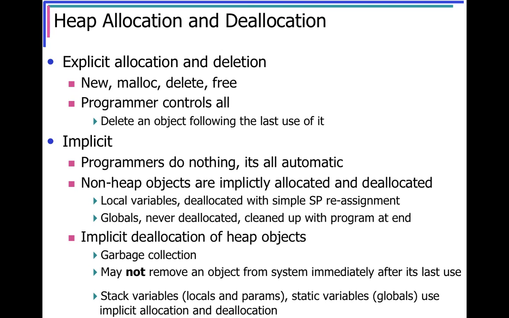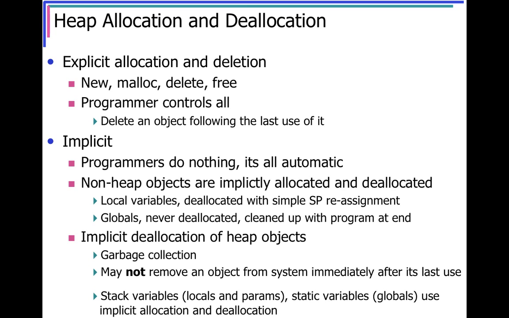Non-heap objects are implicitly allocated and deallocated when they're local and when they're global. Global variables are allocated when the program is given space in memory for execution, and deleted when that space is cleaned up after the program ends.